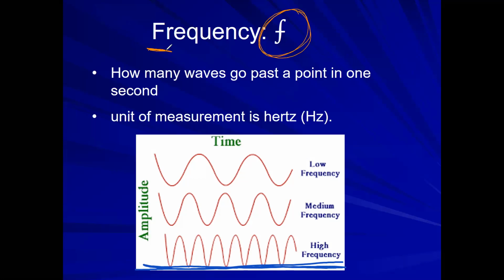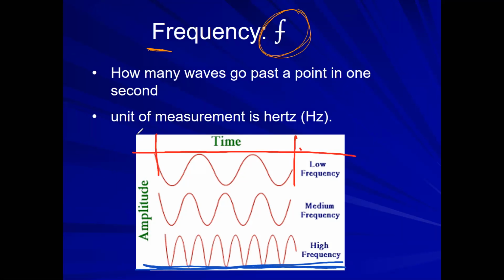Let me see if I can move this. It's going to be weird, but this is time. So let's just pretend the x-axis is here, and this is 0 and this is 1 second. This is all the same amount of time, but you got a whole lot more of these waves down here at the bottom than you do at the top.